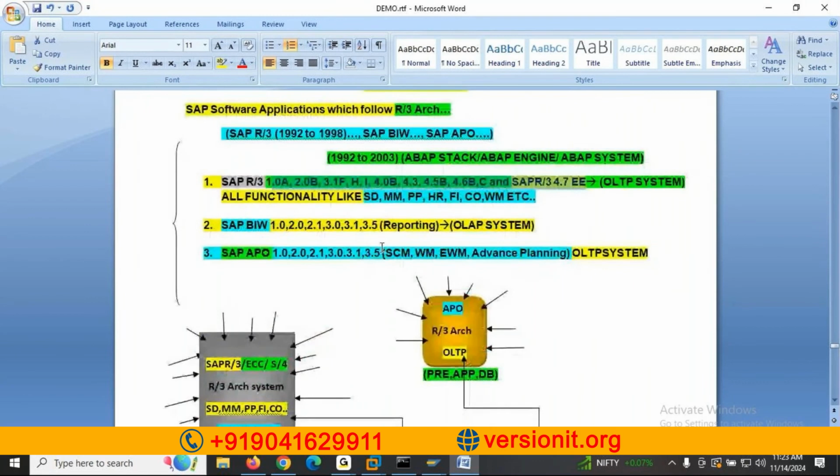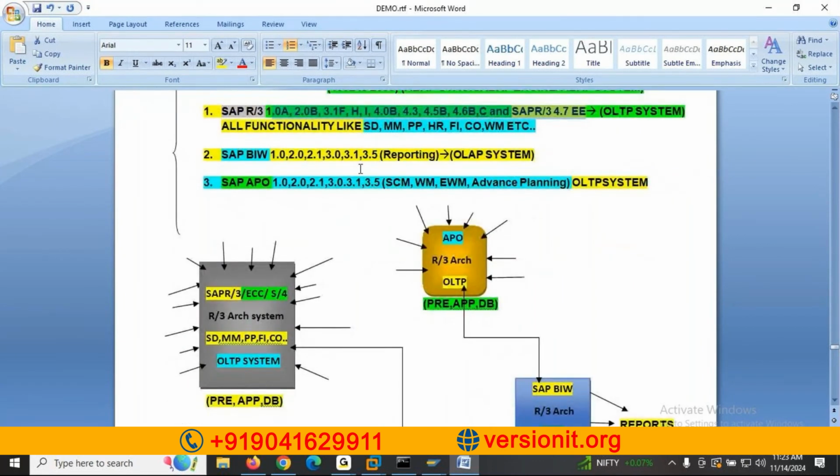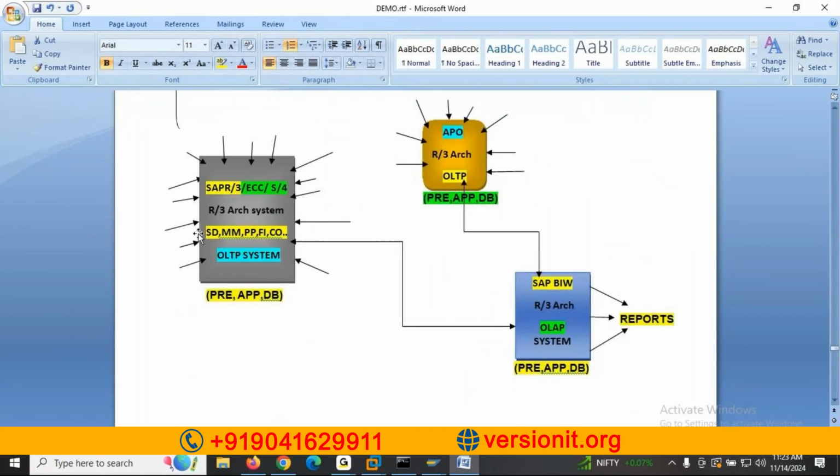Now we are discussing the architecture of these softwares, and you can see on every software underneath I have written something. What is that? This software is designed on presentation, application, and database.